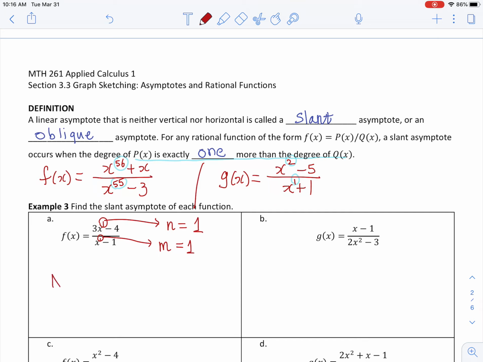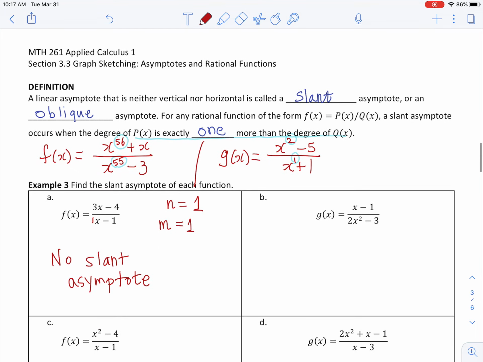So, is 1 bigger than 1? No, this is not going to have a slant asymptote, because first of all, the top has to be bigger, and they're exactly the same. So since they're the same, we're not going to have a slant asymptote. You will have a horizontal asymptote at y equals what number? y equals 3. But this one will not have a slant asymptote.